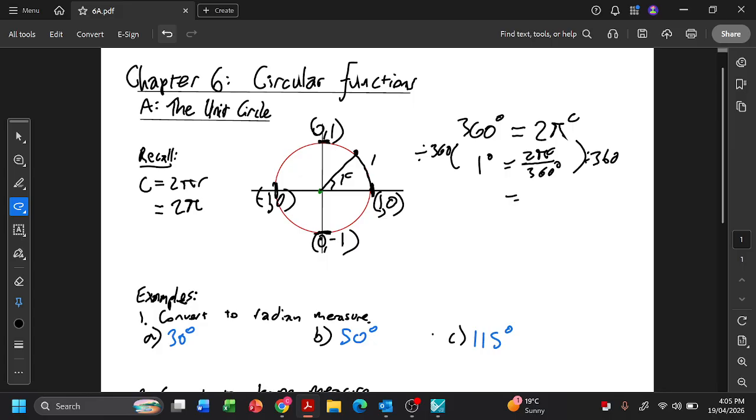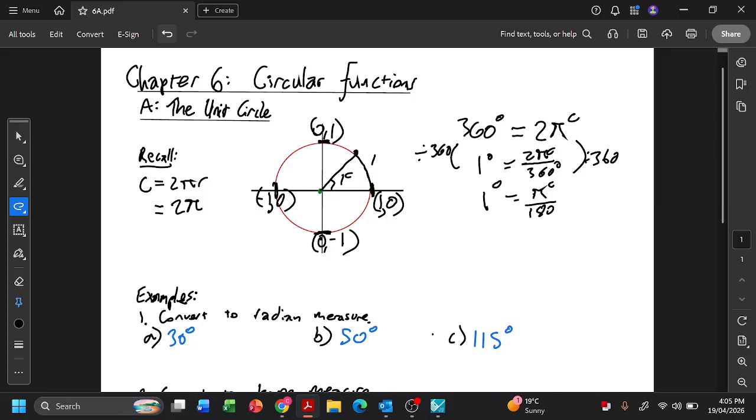And because 2 goes into 360 180 times, we can simplify this down to pi radians over 180 is equal to 1 degree, right?